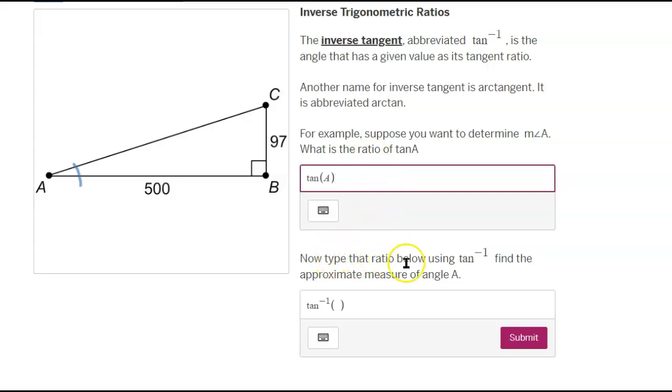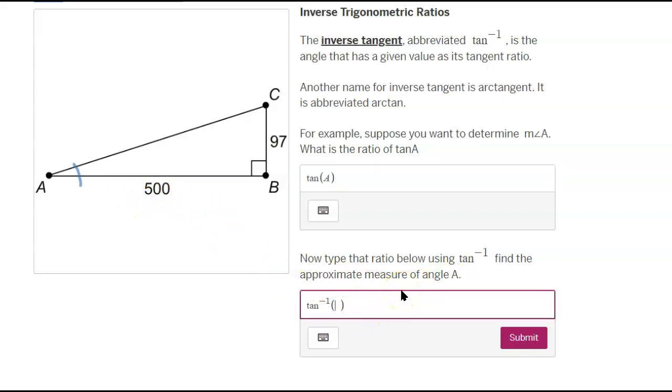Now, we're going to type the ratio using tan to the power of -1 to find the approximate measure of angle A. Remember, this is opposite over adjacent.